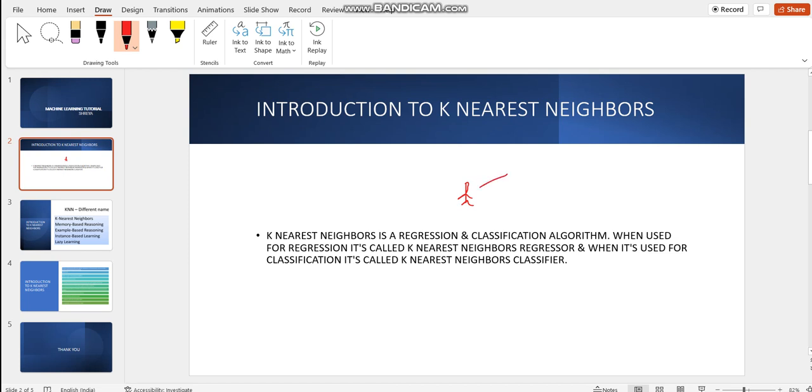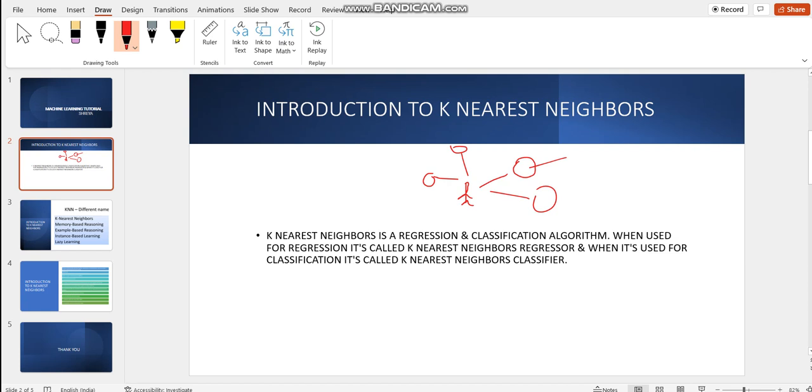Like suppose if I ask you who are your neighbors in the east, or who are your neighbors in the west, just like that. On that basis I will figure out who you actually are. This is the basic concept behind the k nearest neighbor.